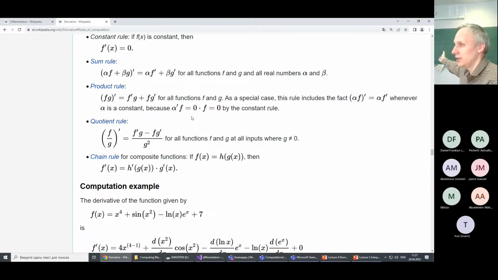What will be the result here according to this rule of differentiation? Right, but it's better to write it in the form x minus x1 plus x minus x2, x minus x1 plus x minus x2.